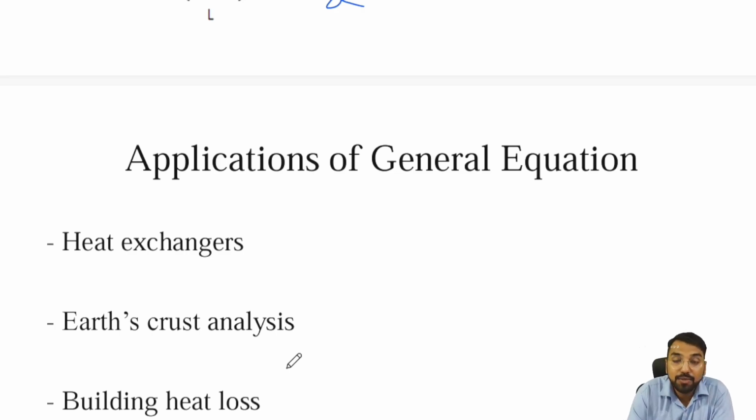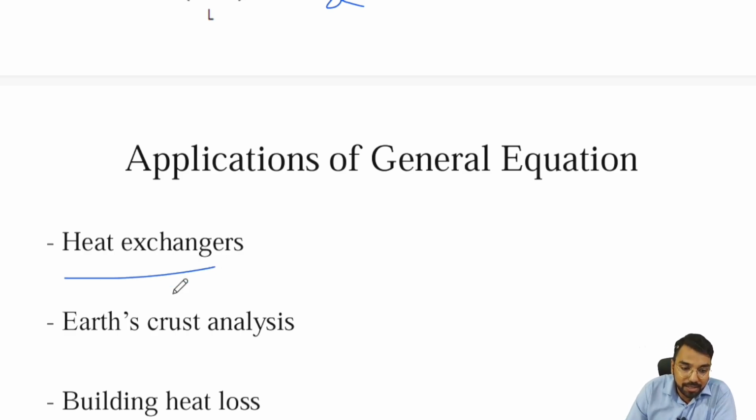So where is it used? At the start of this lecture, I said that the three-dimensional heat conduction equation is a realistic equation of heat transfer that is used in everyday life. But to simplify things and analyze how heat transfer takes place in one dimension, we have converted that three-dimensional equation to a one-dimensional equation.